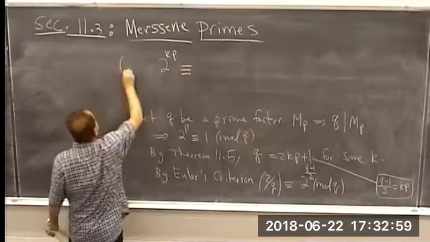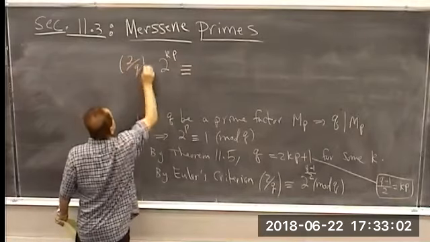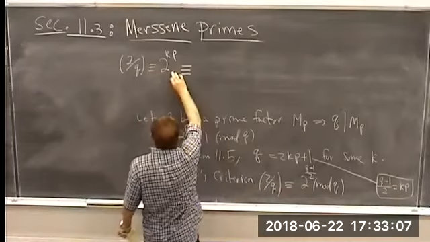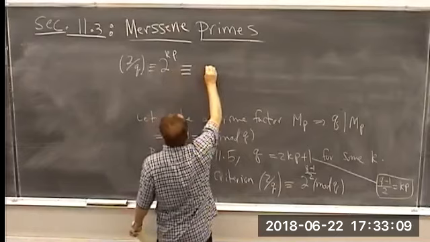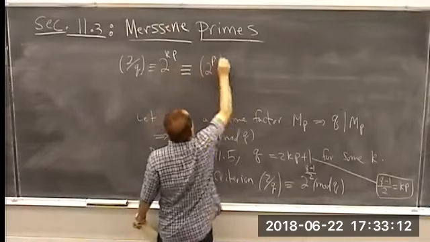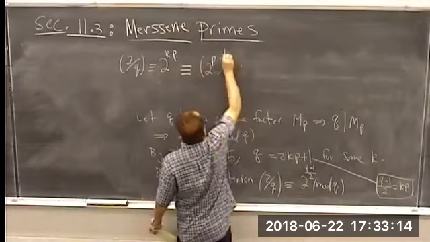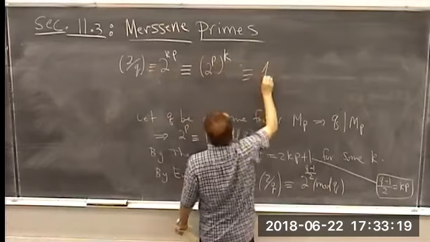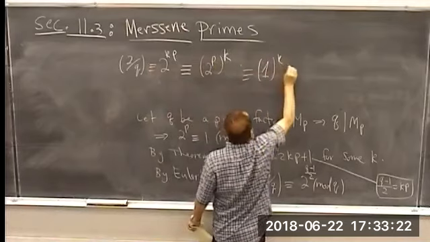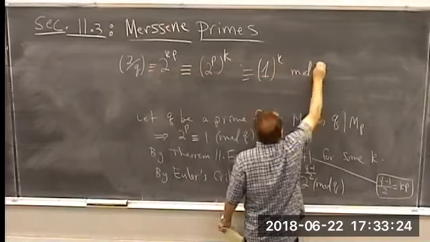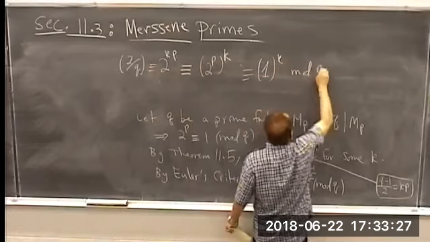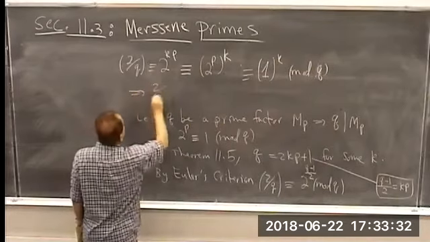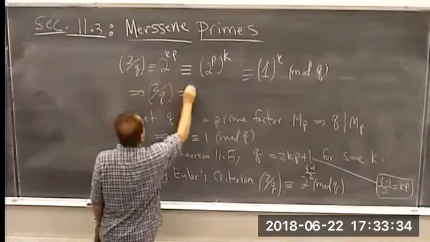So this is (2 over Q) congruent to this, and this is the same as this. And we have this one to the K. And we also have 2 to the P congruent to 1 mod Q. And this makes 2 to the Q equal 1. All right.